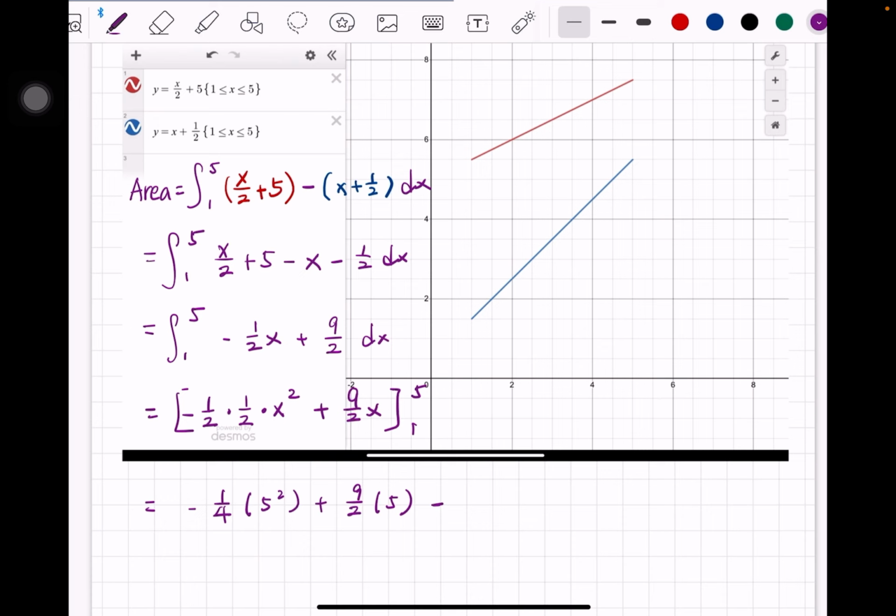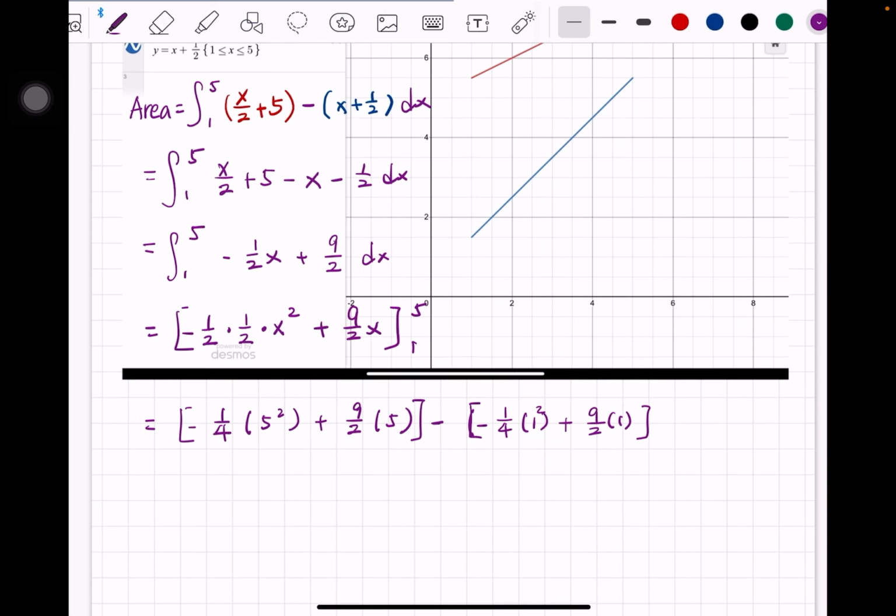We got negative 1/4 times 5 squared plus 9 over 2 times 5, minus negative 1/4 times 1 squared plus 9 over 2 times 1. I like to use parentheses to group them so I know the first part is evaluating the original function at x equals 5, and the second part is evaluating it at x equals 1.